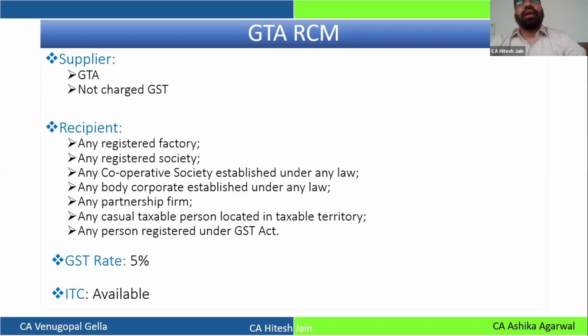Now, what is the rate at which you are liable to pay the taxes? It is 5%. The other specified categories of persons who are given specifically in the notification: factory, society, cooperative society, or body corporate, partnership firm. In case you are registered, you are liable for reverse charge payment if you avail service from GTA.